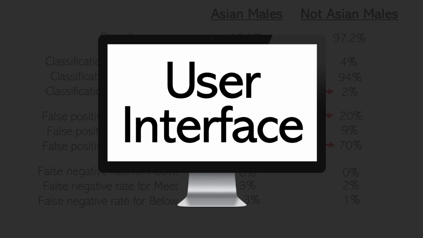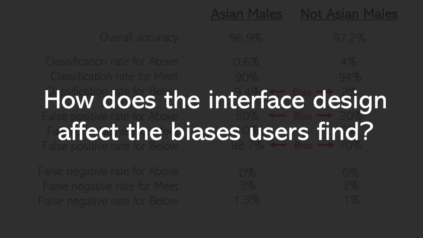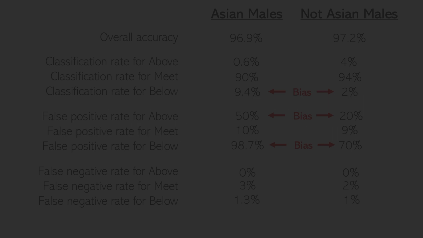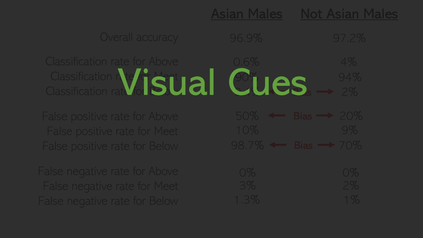There are different approaches to presenting the bias report in a user interface. And our question was, how does the interface design affect the biases users find from a machine learning model? To answer this question, we created two bias detection prototypes. One of them uses visual cues for presenting the automatically detected biases in the bias report.